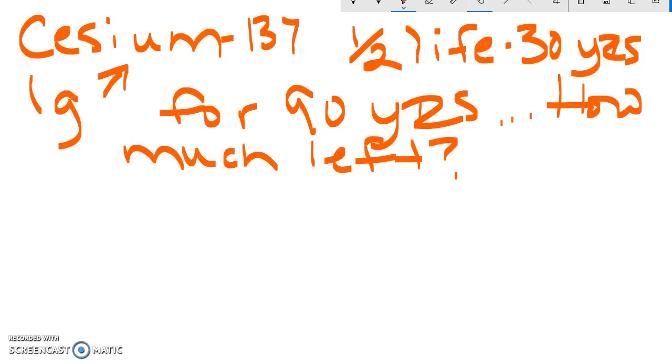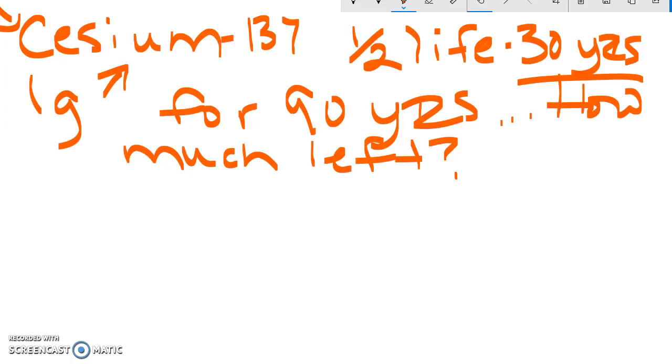All right, so we know that the half-life is 30 years. That means the time it takes for half of this sample of cesium-137 to decay is 30 years. So if you had 1 gram for 90 years, how much is left?